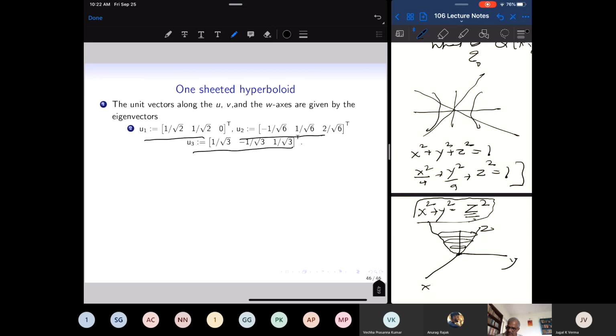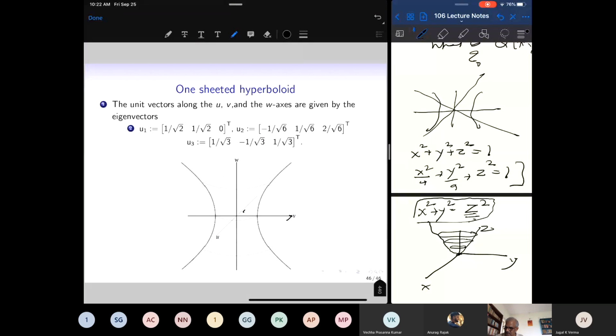These are the coordinates of the orthonormal basis representing the new coordinate system, but we are writing them in the old coordinates. So these are three mutually perpendicular directions in three-dimensional space, and I know the coordinates of the tips of these three vectors. This is v, this is u, and this is w.